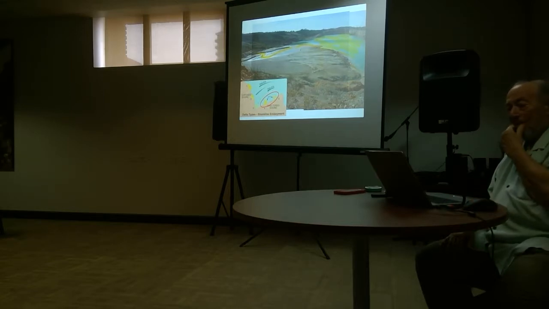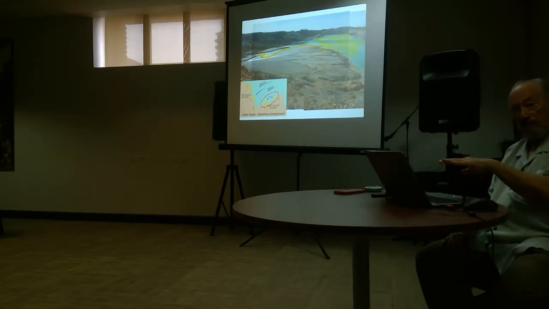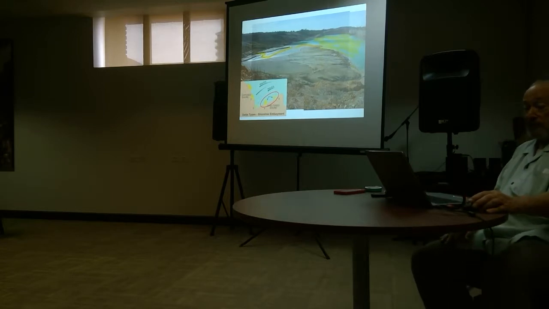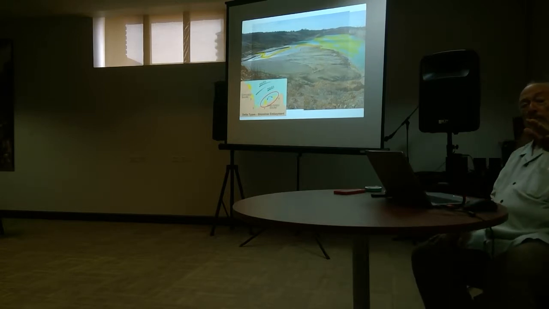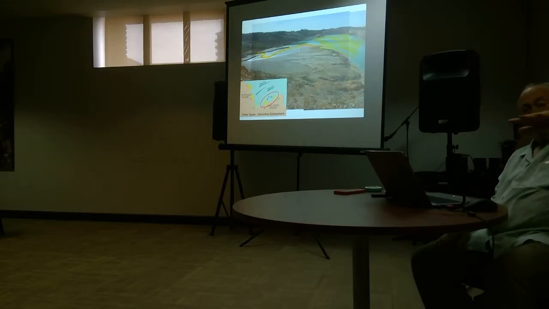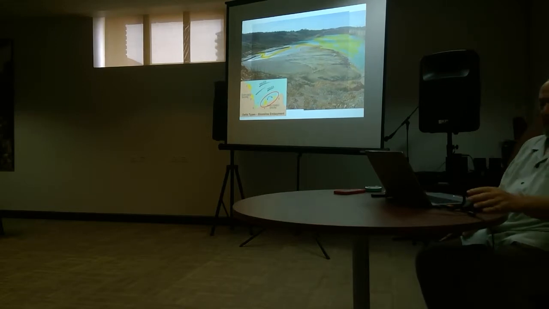What we can see from this, first of all, is that the delta is fully exposed. It's very nicely exposed. This would be analogous to when you have a low stand of sea level, so that your delta becomes subaerially exposed. That would be the analogy here during a low stand.